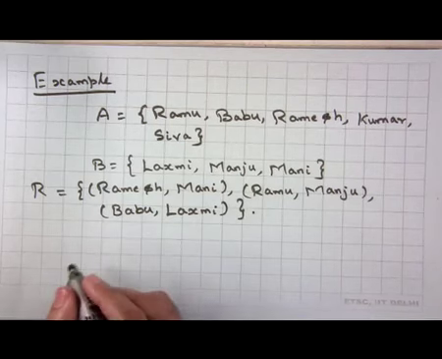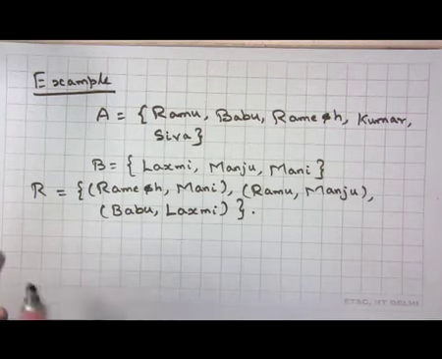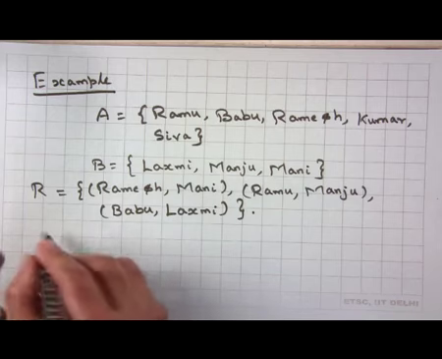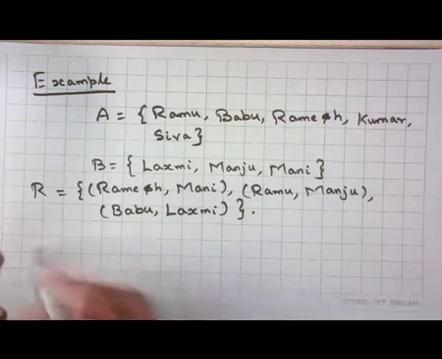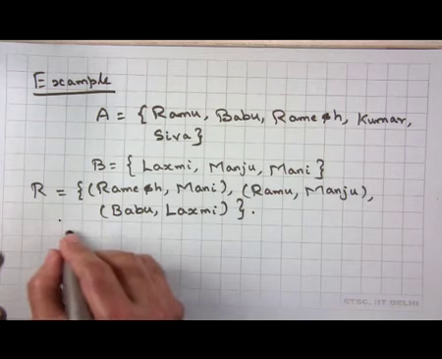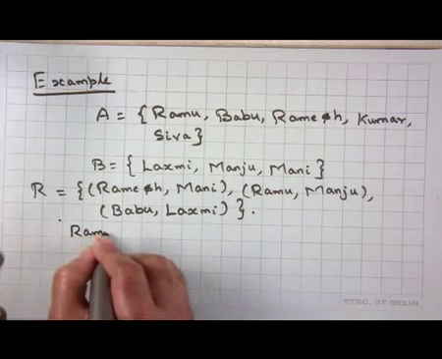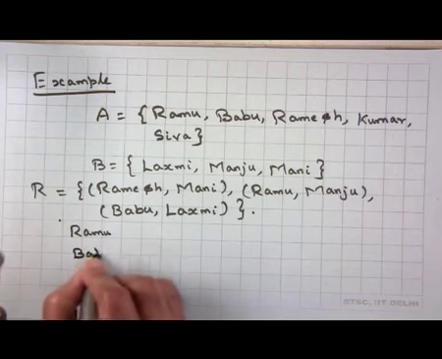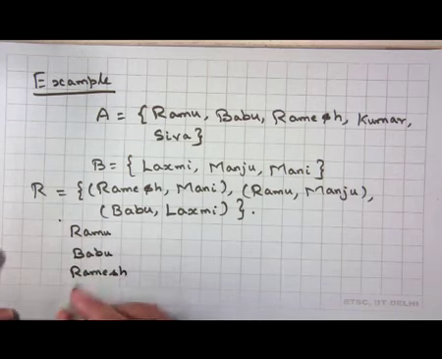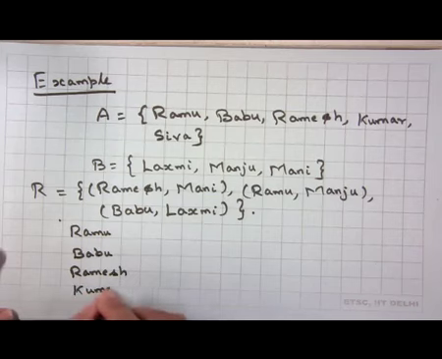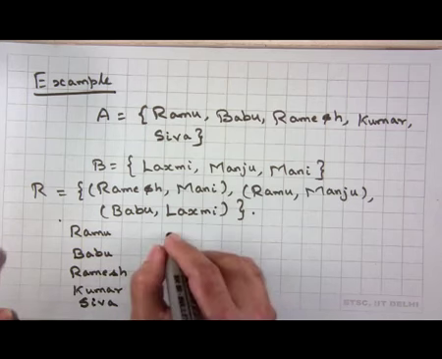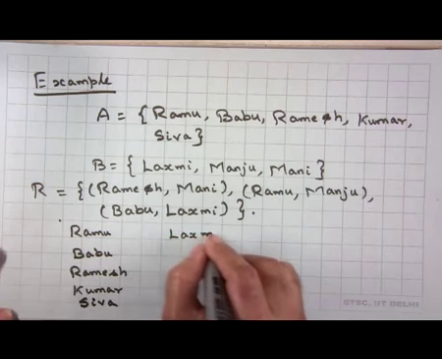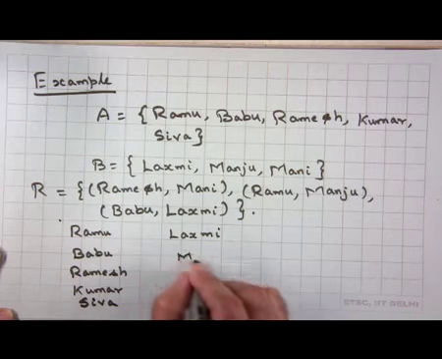Now, let us try to represent this again in terms of a pictorial diagram. Ramu, Babu, Ramesh, Kumar, Siva. On the other hand, we have Lakshmi, Manju, and Mani.